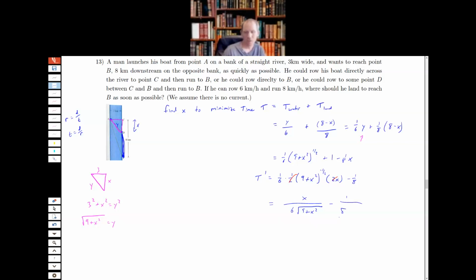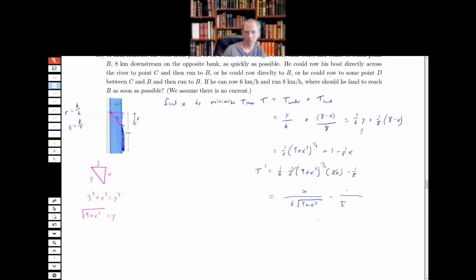Okay. And just like I did a couple problems ago, I like to write my derivative as just one big fraction. So I'm going to get a common denominator. I'm going to multiply by this square root on top and bottom. Okay. 6 is 2 times 3. 8 is 2 times 4.